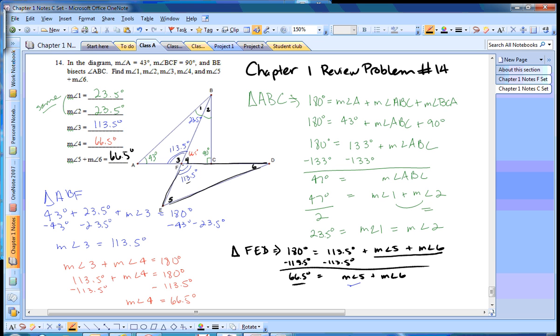Angle 4 is actually built off F, so it's called an exterior angle. We notice that the exterior angle of a triangle is equal to the sum of the two other angles in that triangle, in this case 5 and 6. The sum of 5 and 6 should add up to angle 4. So if you remember that, you can go ahead and just fill it in. If not, we had a quick way of solving for it.